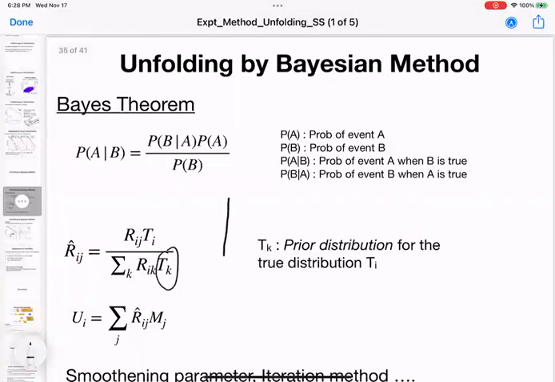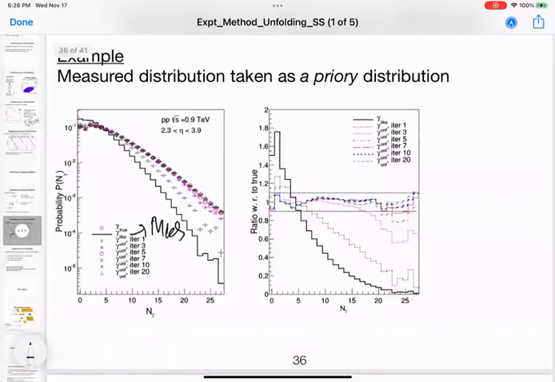In the Bayesian method, what we can vary is the number of iterations, and we also apply some smoothing parameter. After one iteration, we get these black markers. When we increase the iterations, we can see our result is converging towards the true distribution.